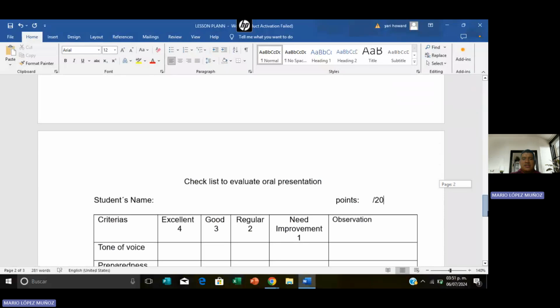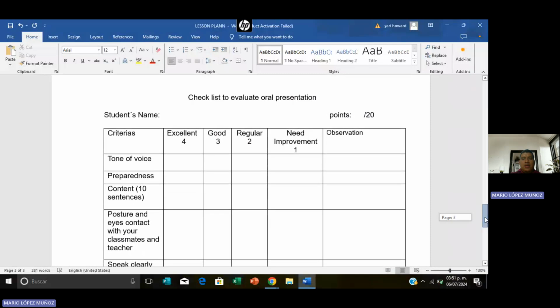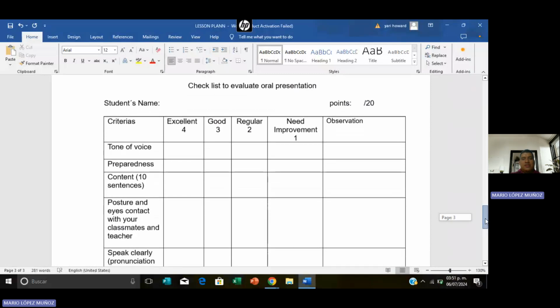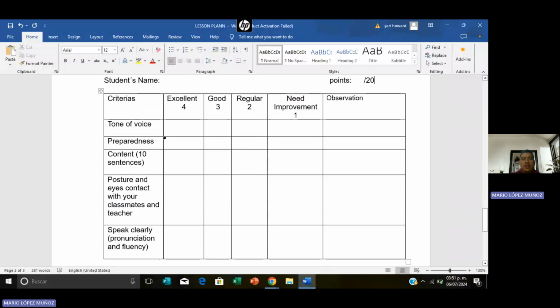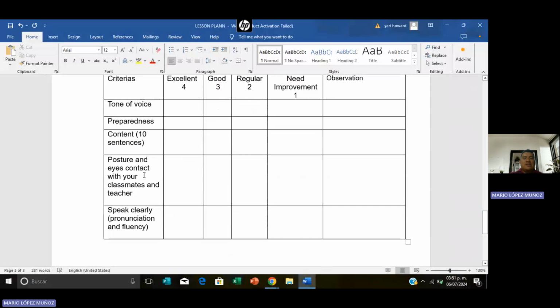And finally, this is the checklist. This is an example of the checklist that I'm going to give to them. The total points for the activity is 20 points. These are the criteria I'm going to take into consideration: tone of voice, preparedness, the content, which is based on the 10 sentences they're going to present using the images, posture and eye contact with the classmates and the teacher.